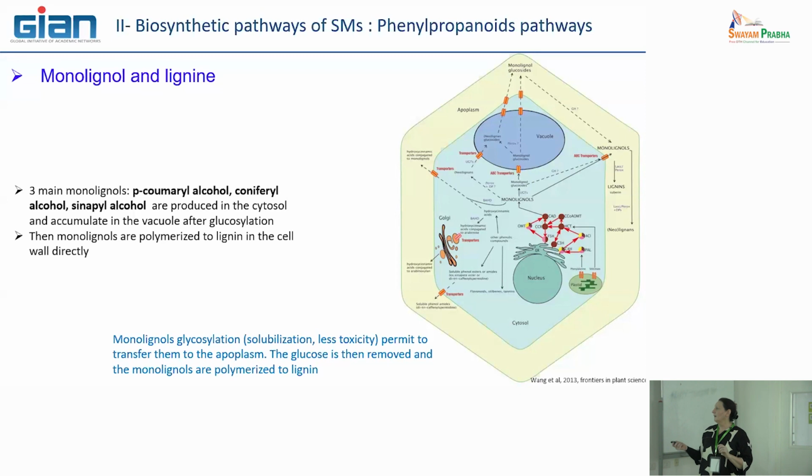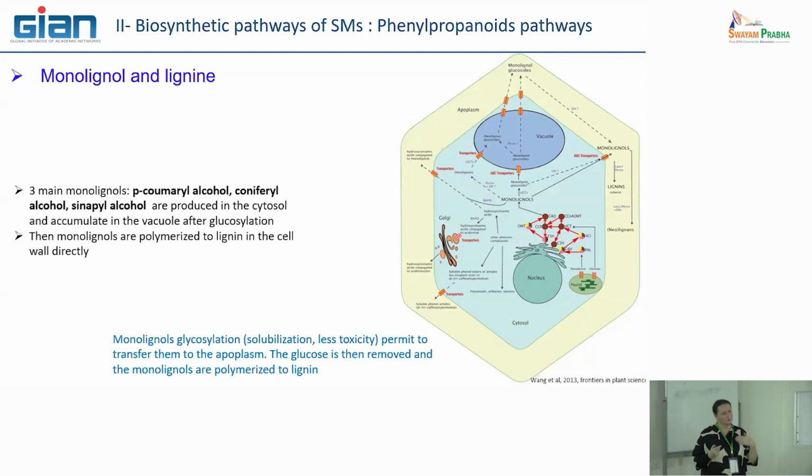In fact, the first steps of this metabolic pathway start near the nucleus on the endoplasmic reticulum membrane, because there are lots of P450 proteins that are membrane proteins. Okay, so they need to be anchored on the endoplasmic reticulum membrane.